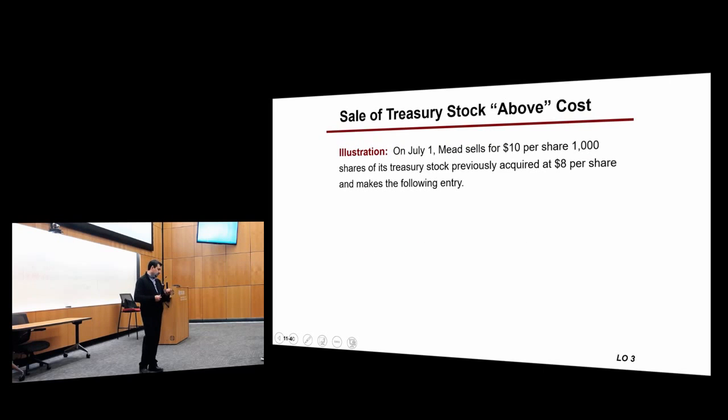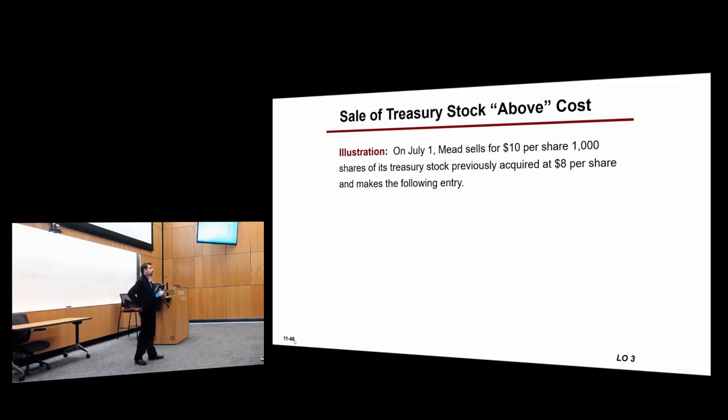So on July 1st, Meat sells for $10 per share. Is it below cost or above cost? Above cost. The cost to them was $8 per treasury stock. Now they're selling it for $10. So Meat sells 1,000 shares of its treasury stock, previously acquired at $8 per share, for $10 per share.